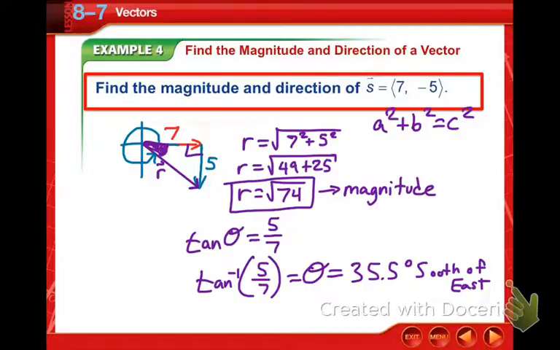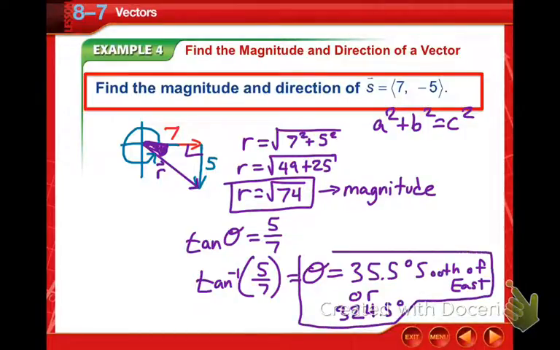Going all the way around, this is going to get you a theta of 324.5 degrees. And when you do that, you don't have to give any description of your direction. So either of these will work. Any normal human being would take either of these two as your answer.